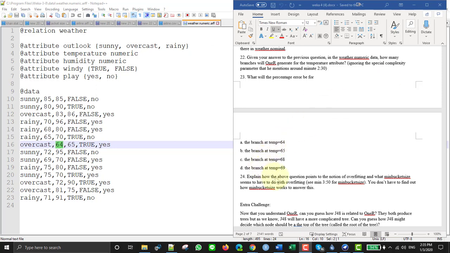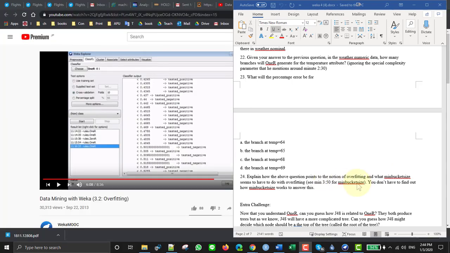Okay, so we just talked about the answer to 24, the first part. What about the minimum bucket size? What does that do when we increase it? The minimum bucket size, as you increase it, will tend to reduce the overfitting. If you make the minimum bucket size very small, for example, if you set it to 1, then, for example, he does an example here at minute 6:08, where it branches at every value of the particular variable that it's chosen.